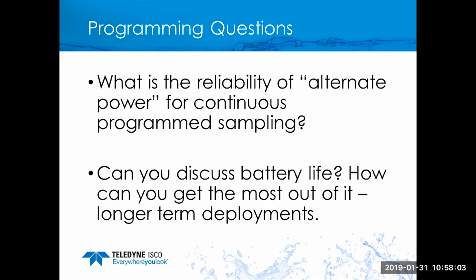If you put line rinses in, if you tell it to collect samples every 5 minutes as opposed to every 15 minutes, that's going to accelerate and increase the amount of drain on that battery. So make those decisions very carefully. If the deployment of the sampler is more long-term in nature, go big. Go with the deep cycle marine battery.